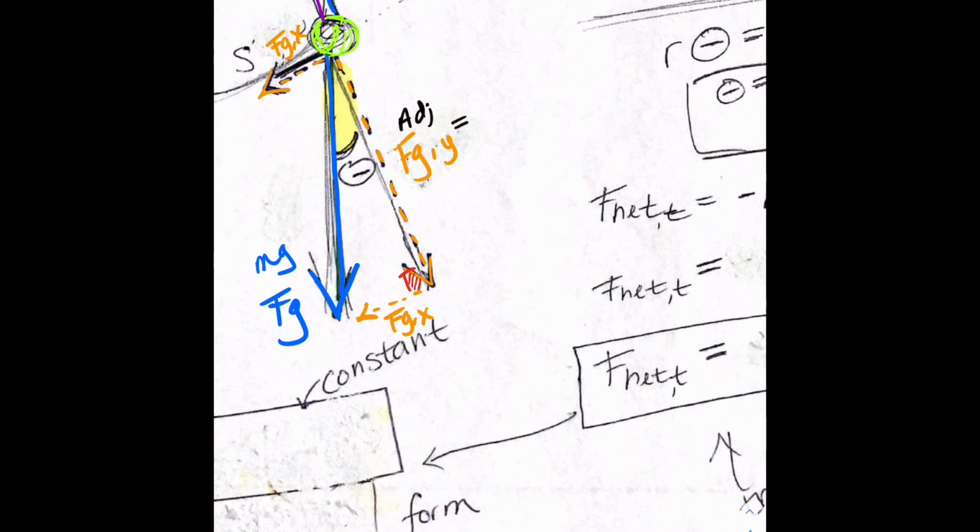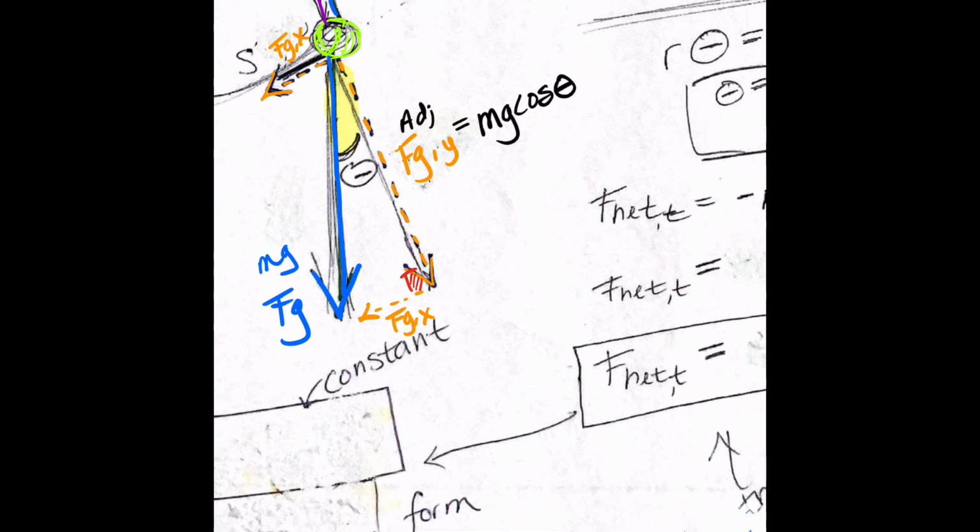So therefore, this is equal to the hypotenuse times the cosine theta. So mg is the hypotenuse times the cosine theta.